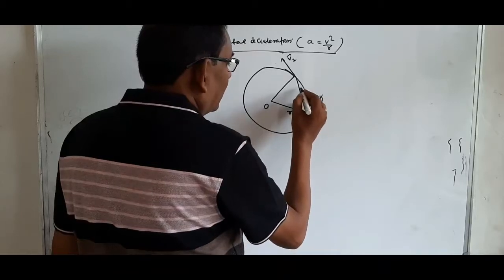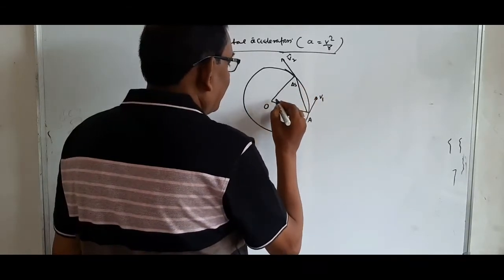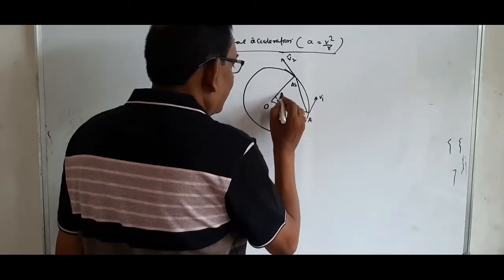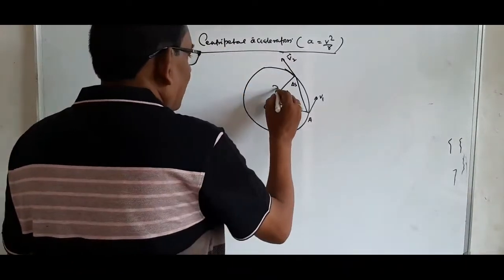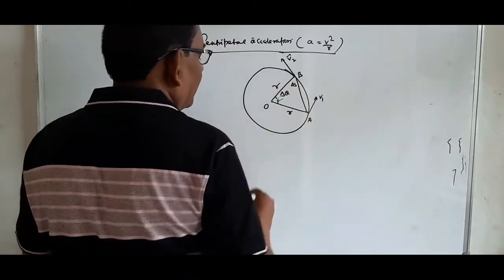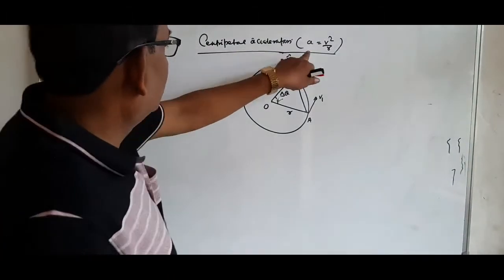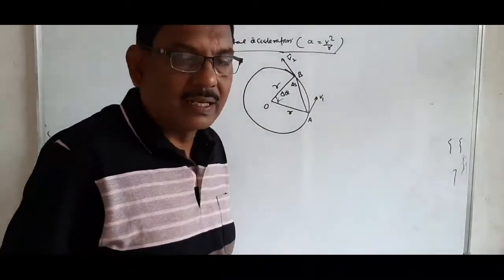The displacement, it means the arc length, is delta S. The angle described by the body is delta theta. Here it is also R, it is B. In order to find out the acceleration a, draw a velocity vector triangle diagram.